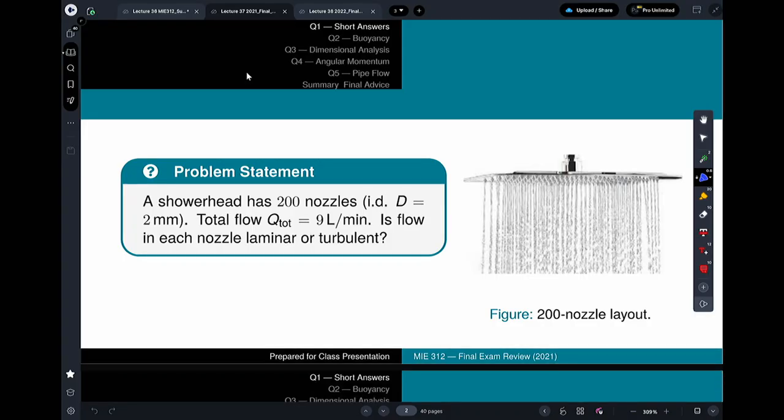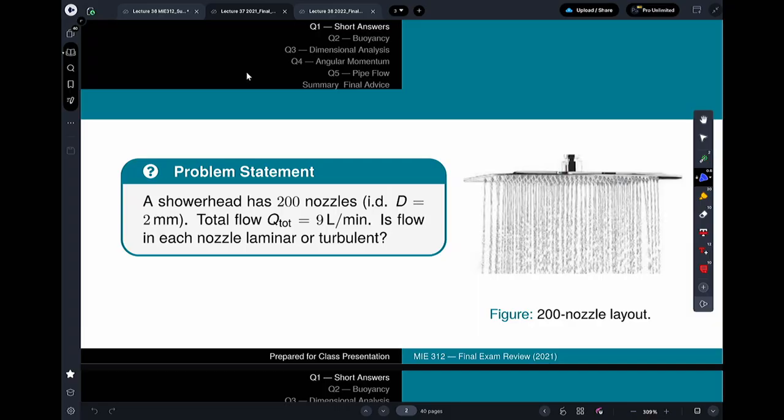You have a shower head, has 200 nozzles, inner diameter of 2 millimeters. Total flow is 9 liters per minute. Is flow in each nozzle laminar or turbulent? I took the wording exactly out of this, but you are going to assume that the flow distribution is equal.